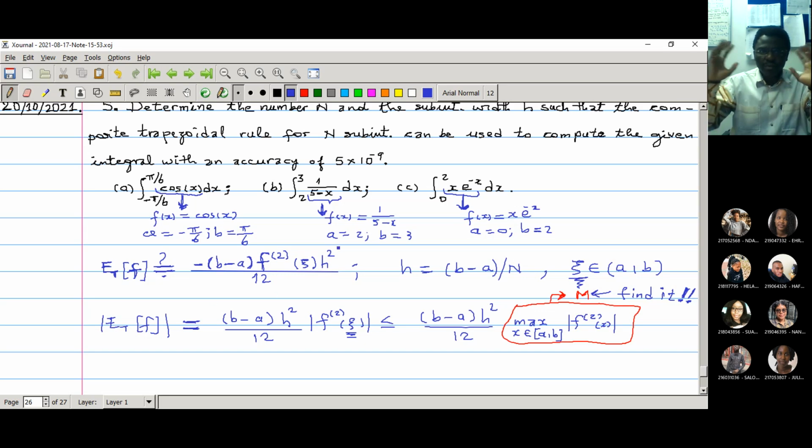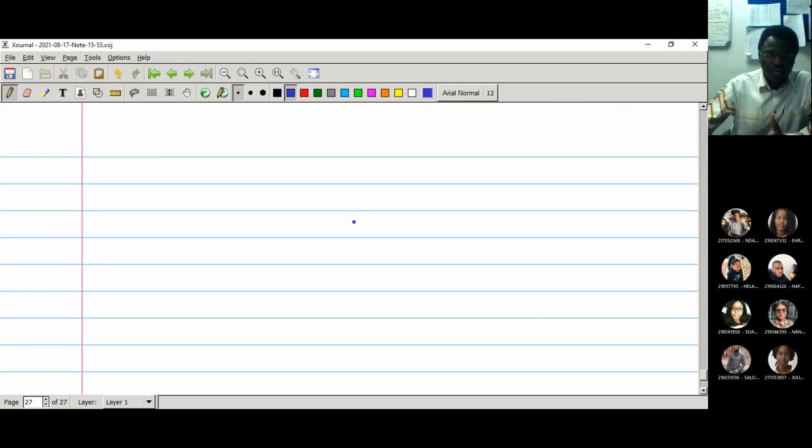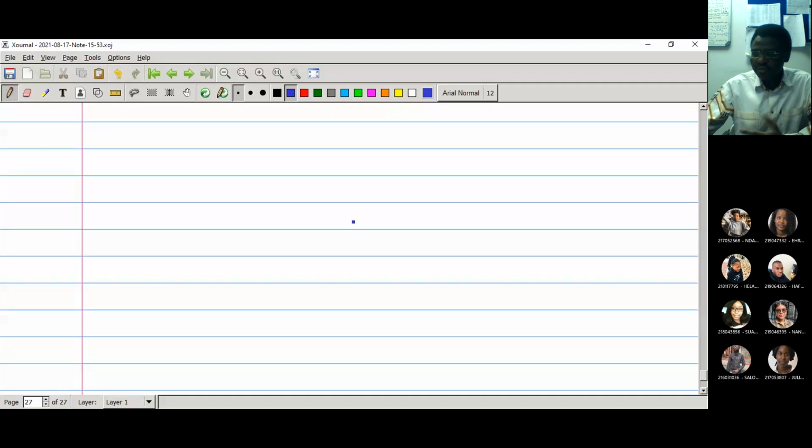When you are looking for the extreme in a closed interval, you also take into account that this is not global, but in a particular sub-interval. So if there's no turning point there, it means that the function is monotonic. And if it's monotonic, it becomes easy, right? If a function is monotonic, it becomes easy to find the maximum.